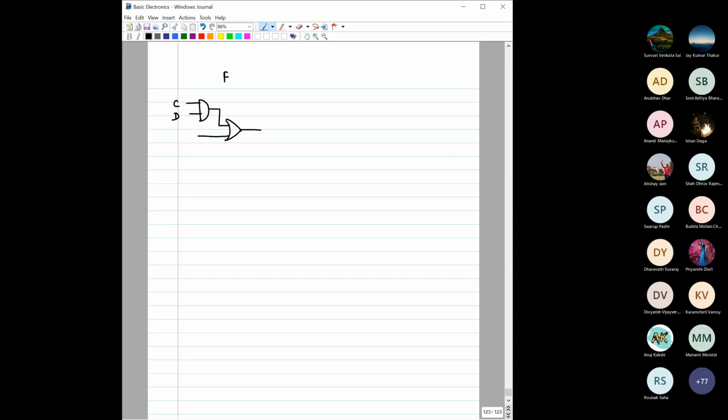Here it is B, and this output is connected with this AND gate. Here it is A, and this output is again connected with F. And this is B, and this is C bar.